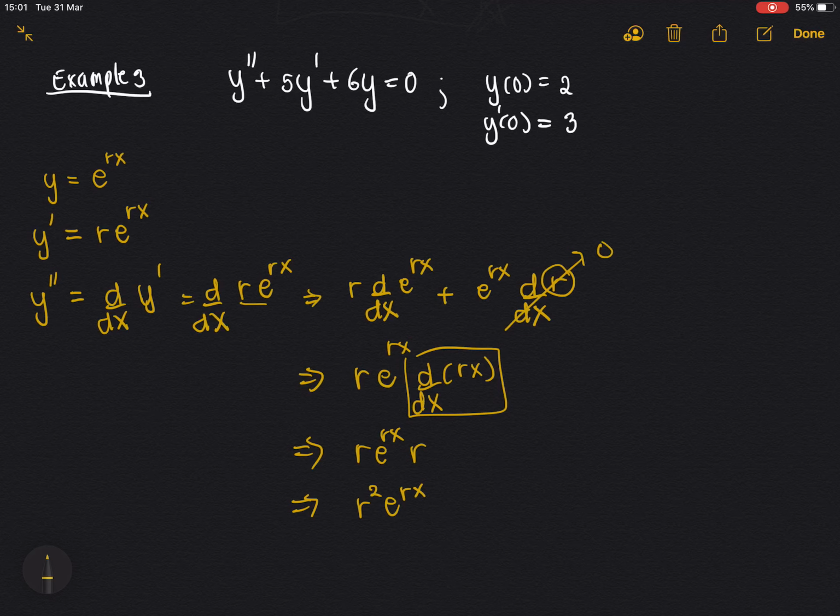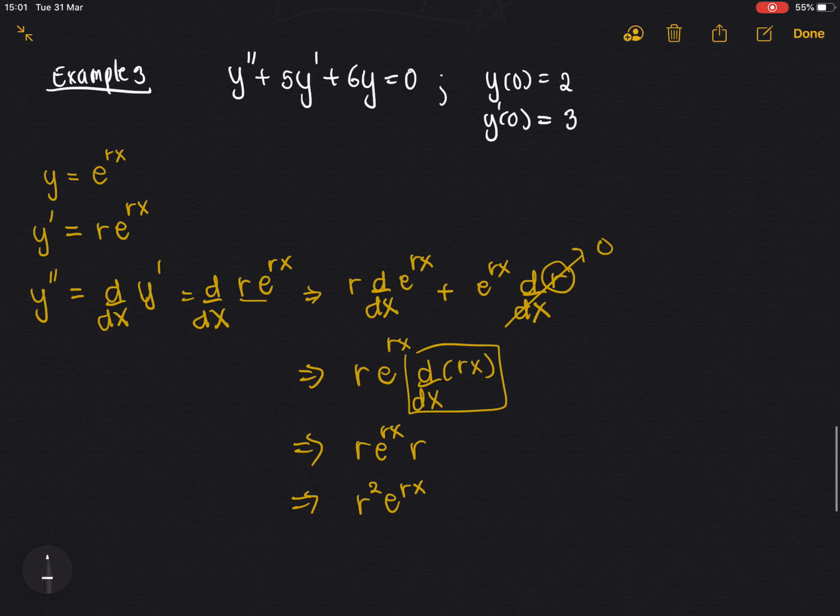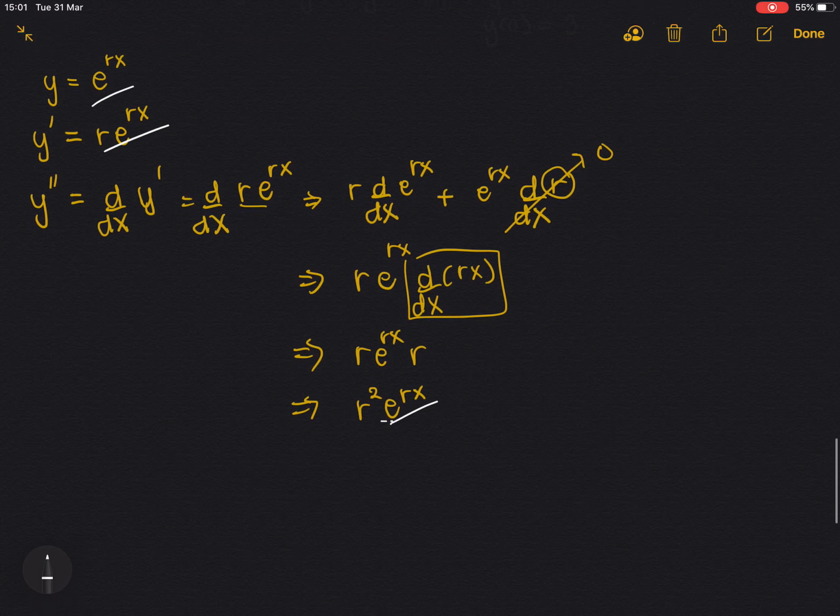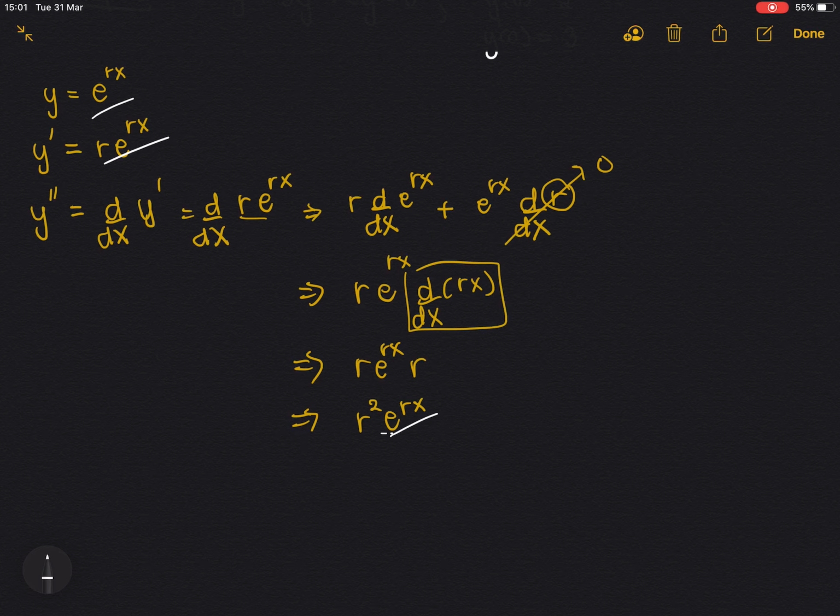Okay. And then next step, after you know the values of y prime and y double prime, you will have to substitute those functions back into the given expression here, right? So in that expression, you have y double prime plus 5y prime plus 6y equal to 0.